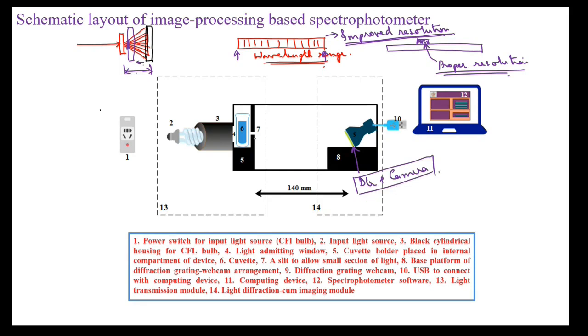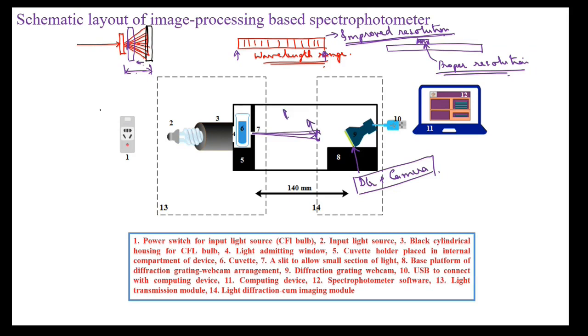When we are talking about having a slit, it is expected that the light will be moving in a straight line. Okay. However, it is not the case. As the light passes through this slit, it slowly diffuses out.